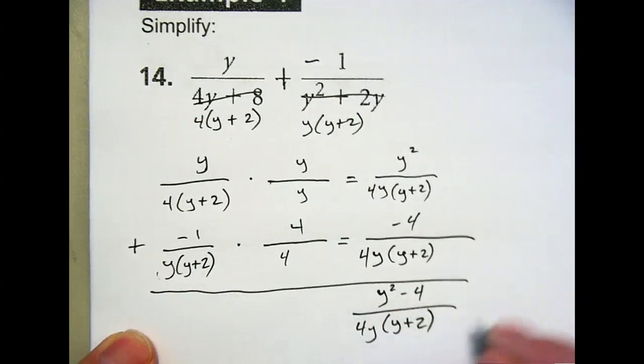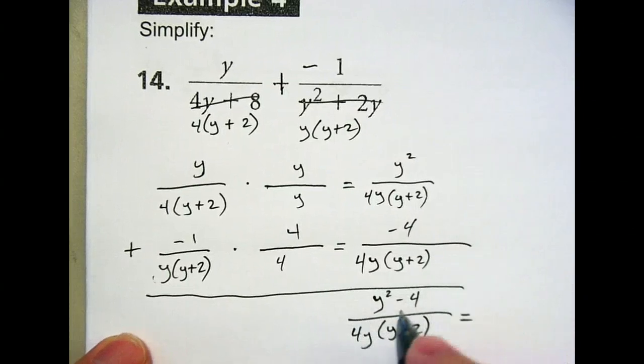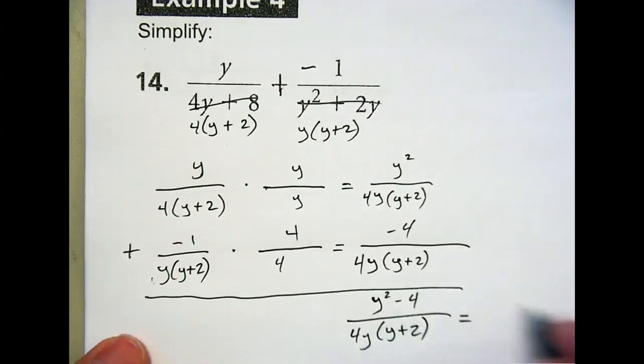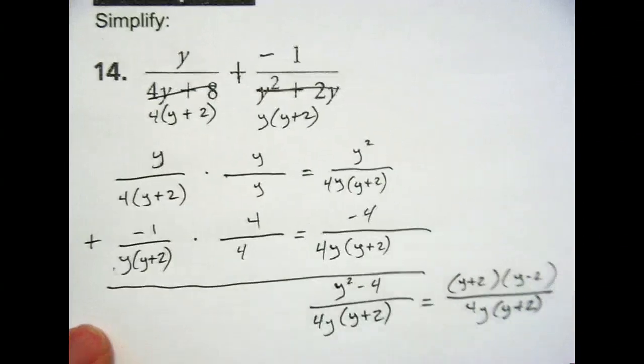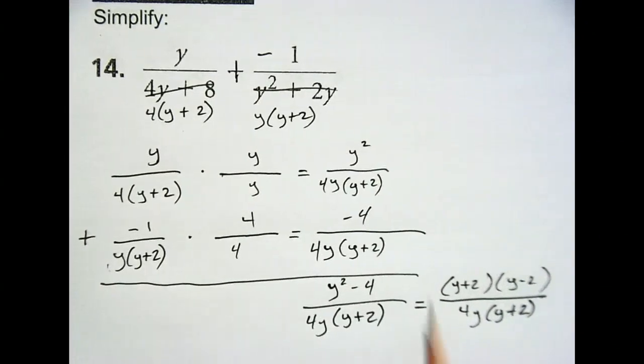Now, some of you look at the top right away and go, what is that called? Difference of perfect squares. Difference of two perfect squares on top. What cancels?